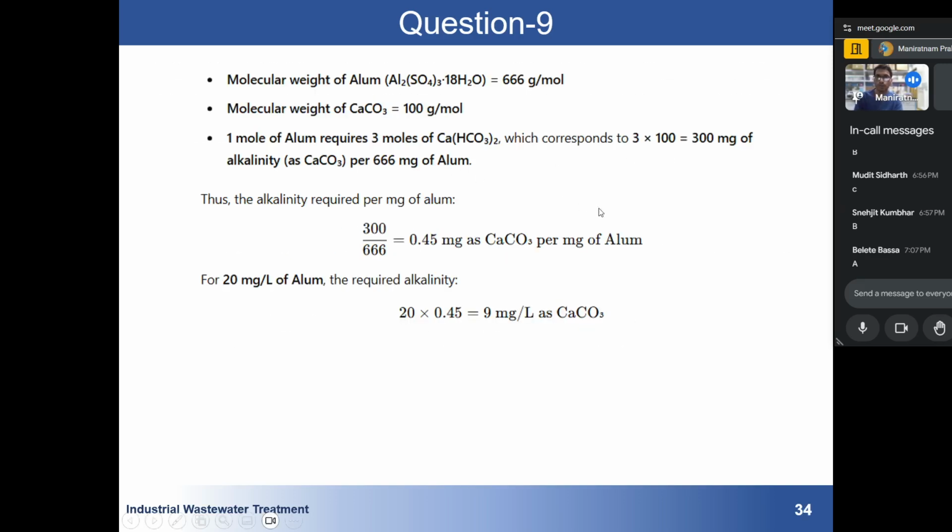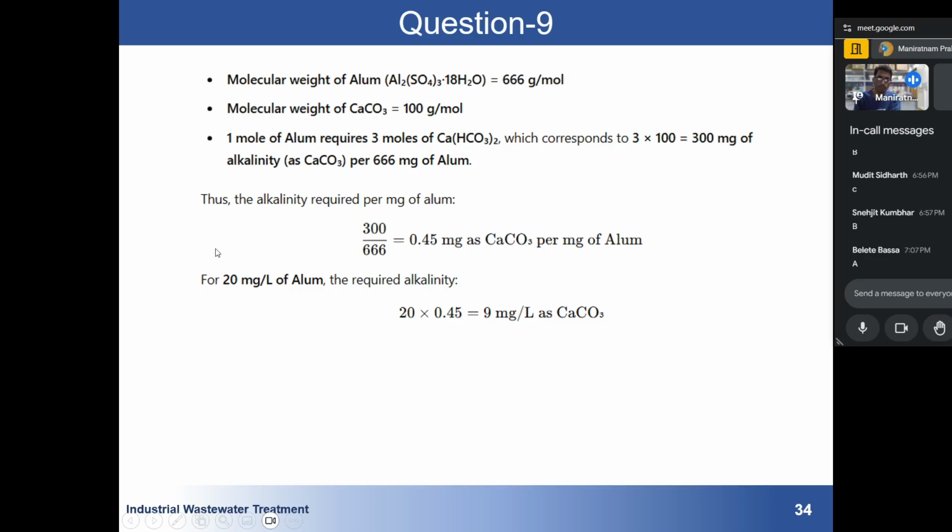The molecular weight of alum is 666 gram per mole. The molecular weight of CaCO3 is 100 gram per mole. One mole of alum requires 3 moles of bicarbonate, so 3 into 100, and the alkalinity is 300 by 666, that is 0.45 gram as CaCO3 per gram of alum.